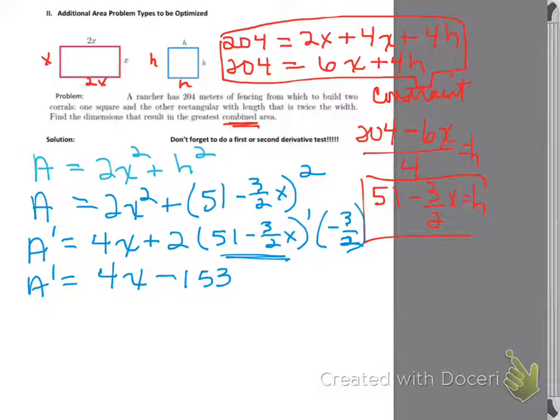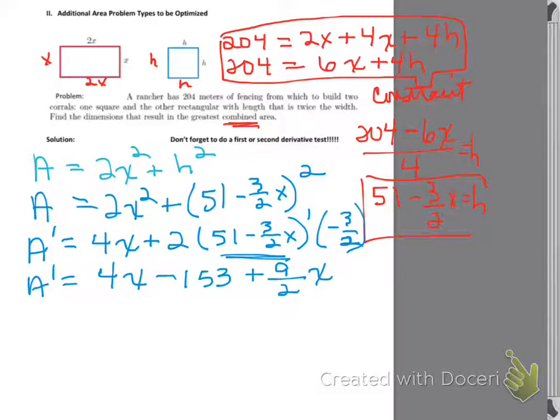So that part's done. Now let's go for the next piece. So I have 2 times negative 3 halves, but then that's being multiplied by another negative 3 halves. So that's going to be plus 3 halves times 3 halves is going to be 9/4 x, but then I have a 2, so that's going to be 9/2 x. So try to do this on your own and see if that works out for you. Alright, let's see if we can start combining some terms.